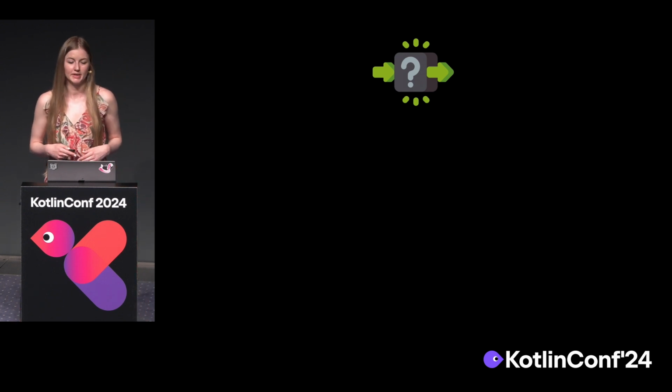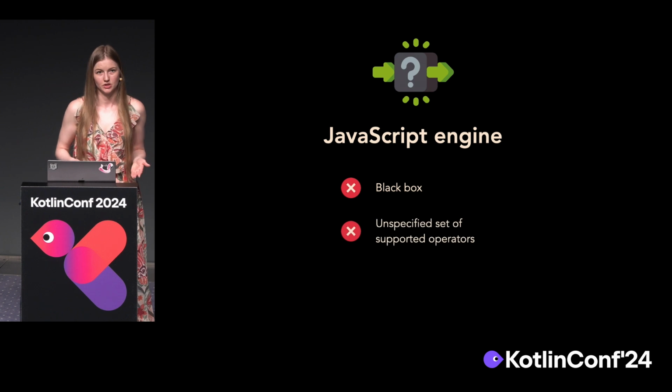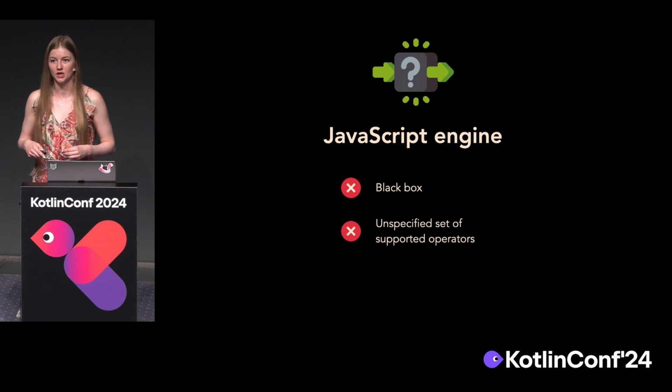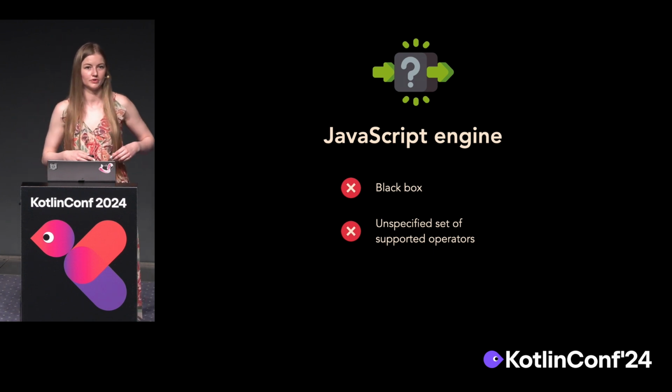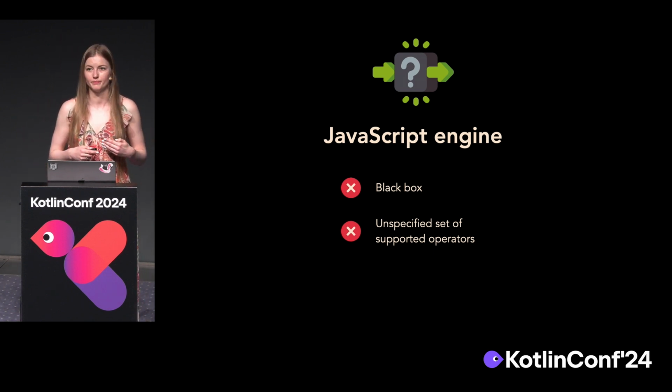Another thing that made us hesitant to use JavaScript engine in our project was that, from our perspective, JavaScript core engine is a black box. We cannot ensure what operations are supported and how they work for different inputs.